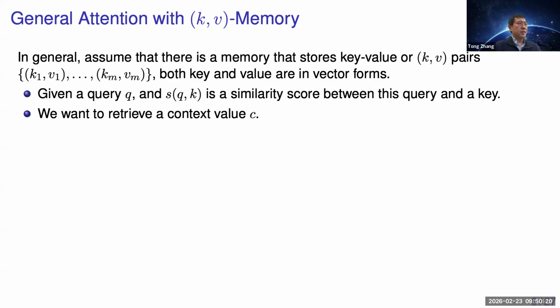So essentially, you are given a query. Query is basically a vector. So this is S(Q, K), the similarity between the query and the K. The higher the similarity, the more similar they are. And as we mentioned, this can be a scaled dot product.